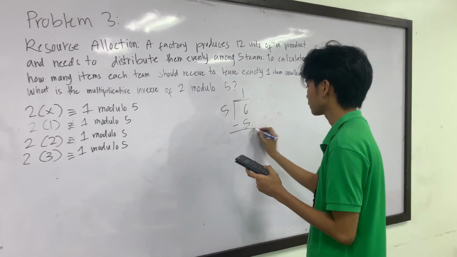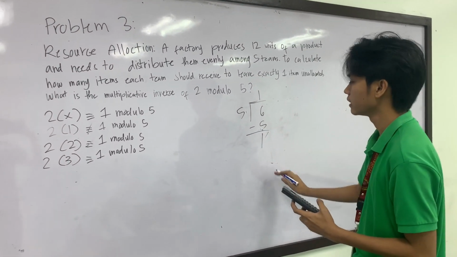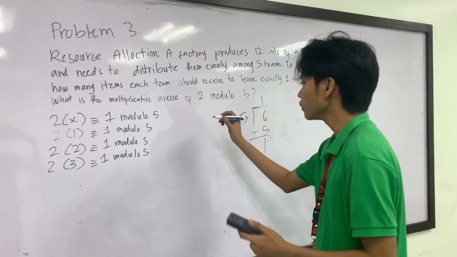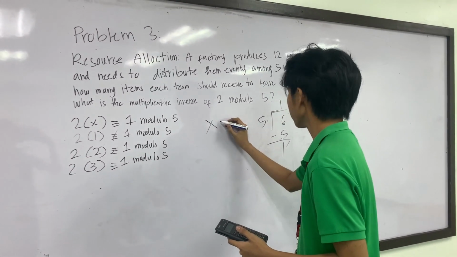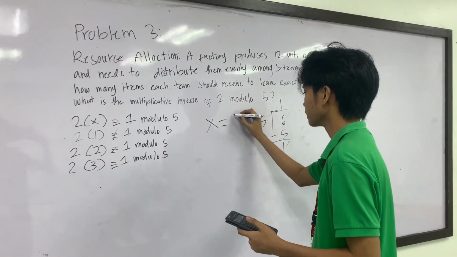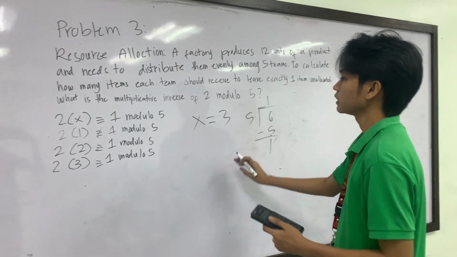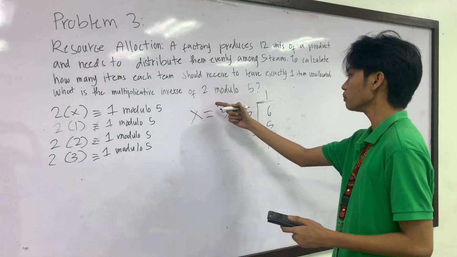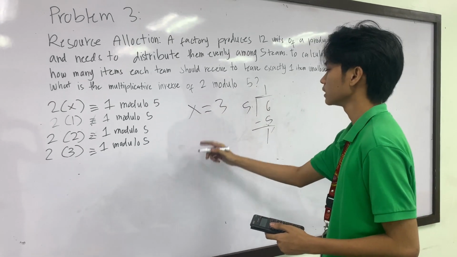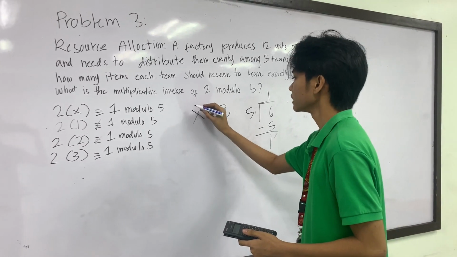So we can get the remainder of 1. So the value of x is equal to 3. The multiplicative inverse of 2 modulo 5 is 3.